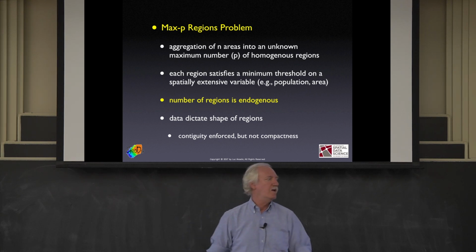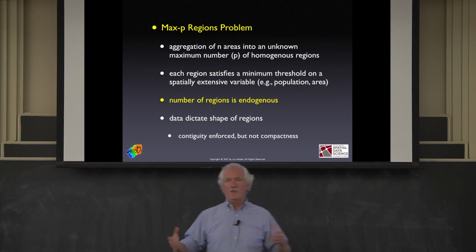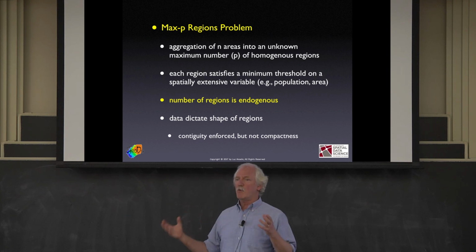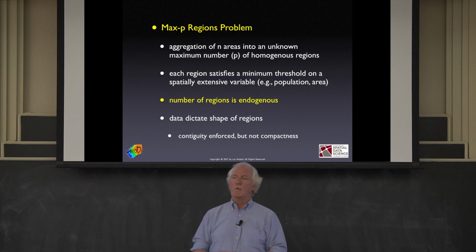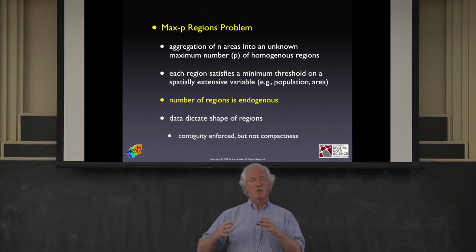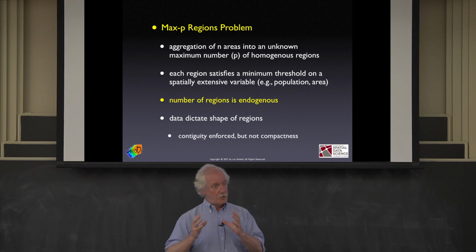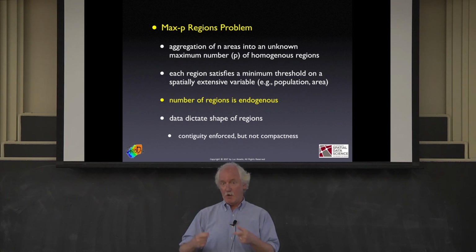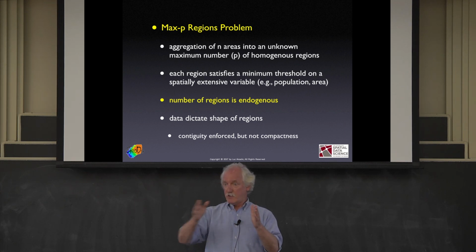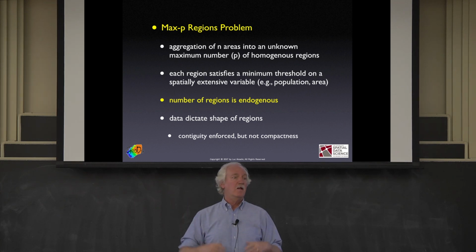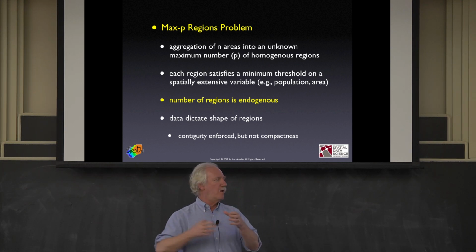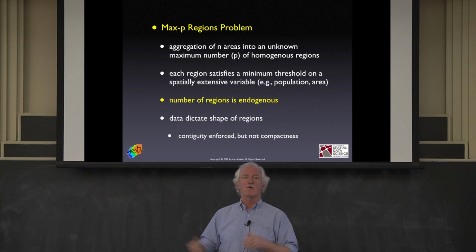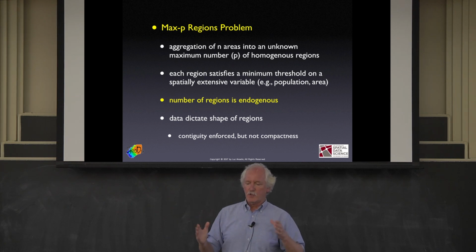You would say, okay, I'm looking at these rates of rare events. I have a lot of small areas. They're going to be too imprecise. I'm going to group them. And I'm going to group them so that they are contiguous. They are as similar as possible on a bunch of criteria. And they have at least X number of people in them, or X number of households, or X number of houses. And that is our constraint.